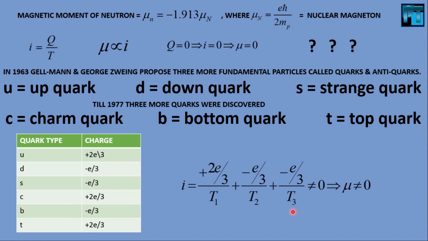Now see, these quarks are different from each other, so their time periods of revolution must be unequal to each other. So there is a finite quantity. I is a finite quantity, so is mu. Problem solved.